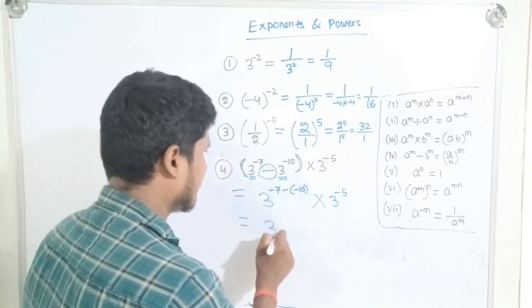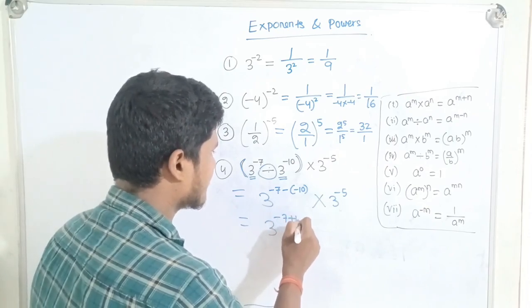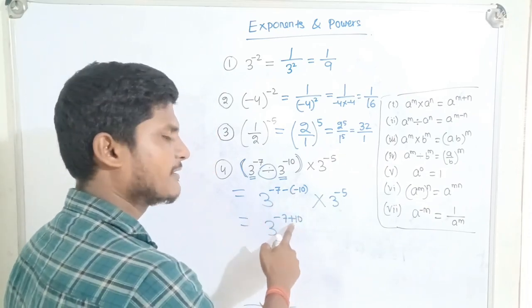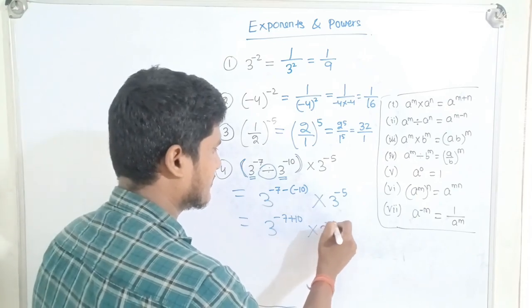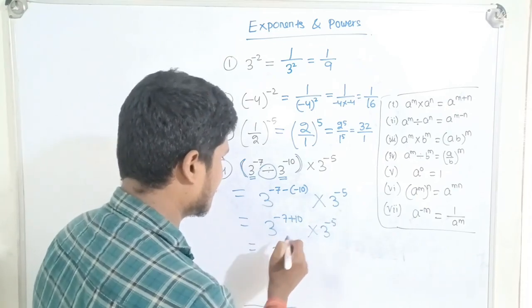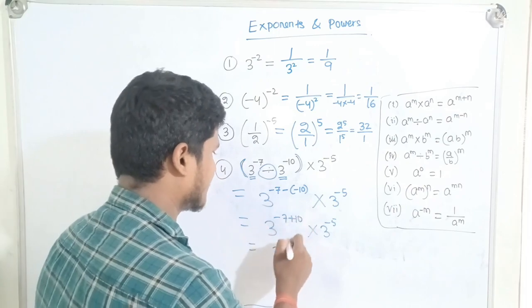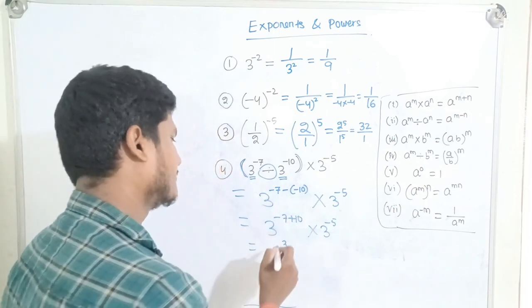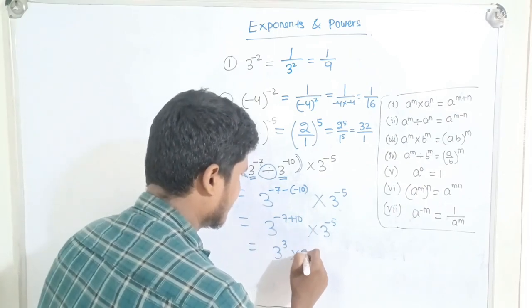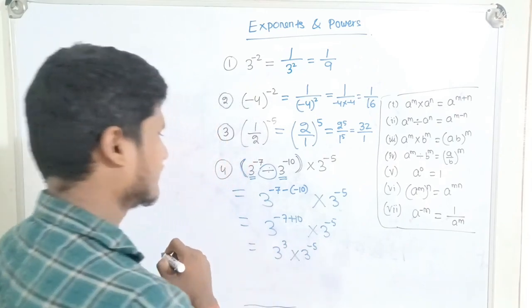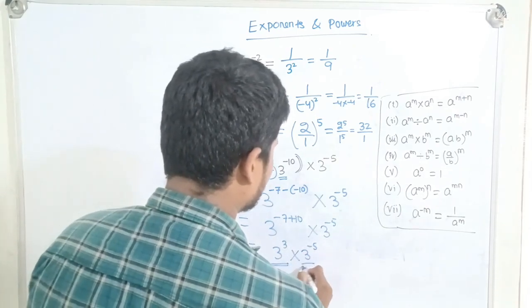Okay, I can write it down. Minus 7 plus 10, the minus goes here, plus, into 3 to the power minus 5. Here 3 to the power minus 7 plus 10 gives us positive 3 power, and 3 to the power minus 5. So here the bases are equal.